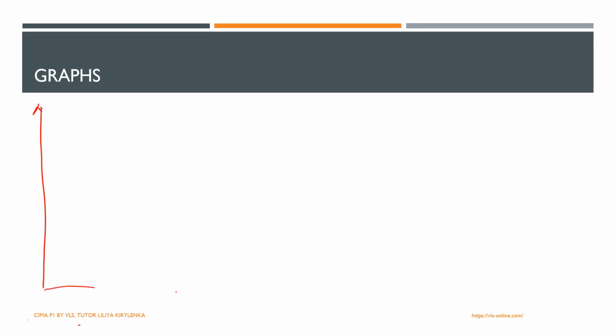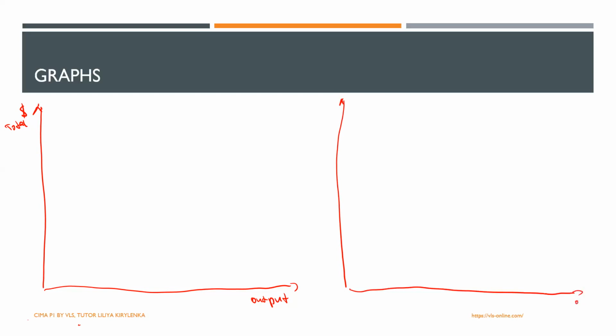You are going to have activity level, so output or activity level, and on the vertical axis there's going to be total cost. And the other graph is going to be cost per unit. So you're going to have output, and here you're going to have cost per unit.